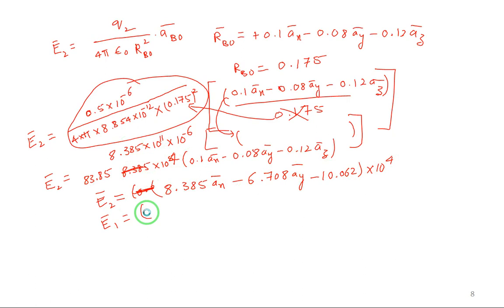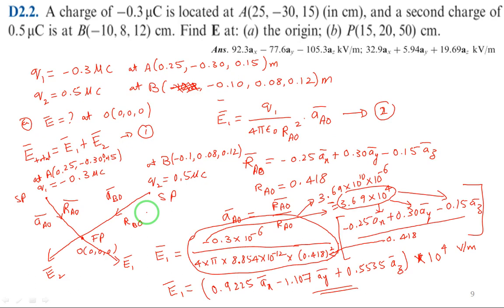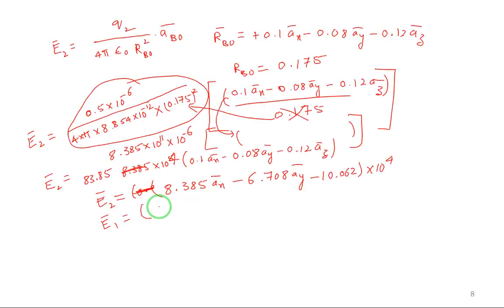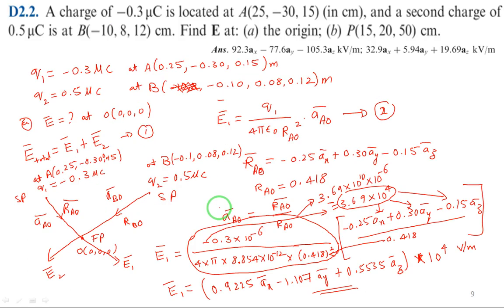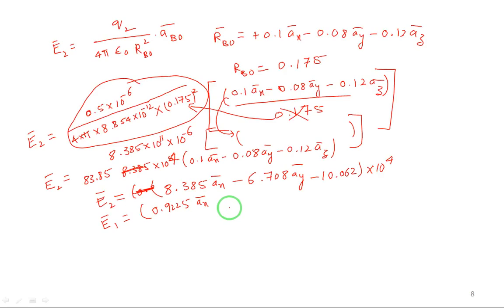I don't remember, just may have a look at it. 0.9225 AX. Next second term we will see, minus 1.107 AY.